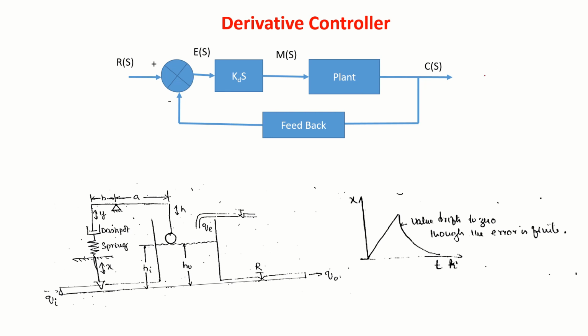Derivative controller. Suppose I take a spring and a dashpot, correct? And let us say this is xi, this is x naught. Because of this dashpot, the velocity will be xi dot minus x naught dot, or x naught dot minus xi dot.